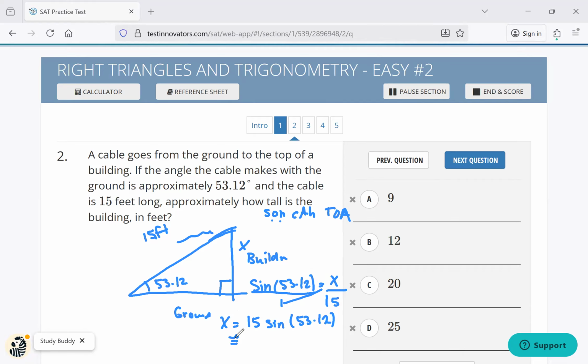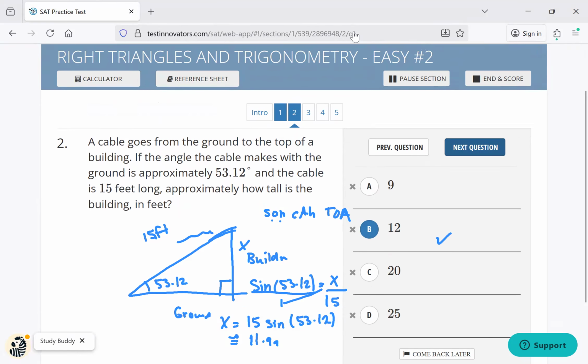And that gives you, with the calculator, 15 times sine of 53.112 is 11.99. So our closest answer will be rounded to 12. Not too bad, right?